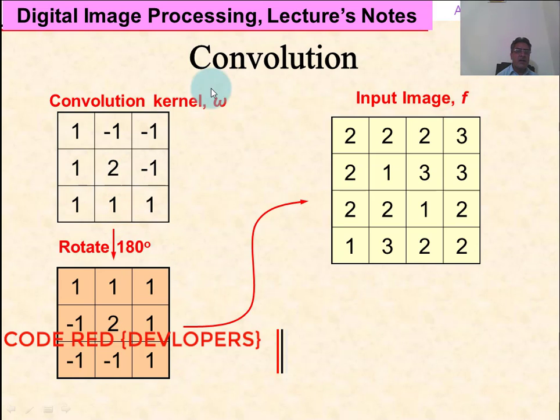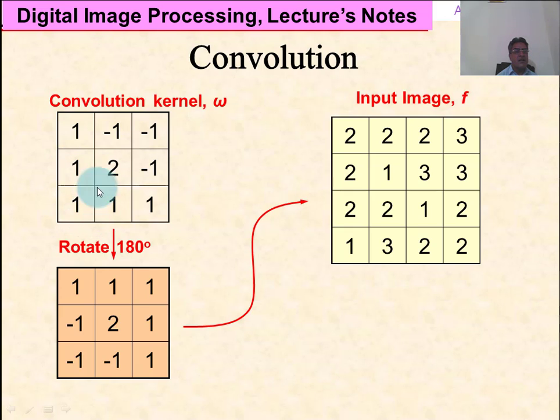But for convolution, we have discussed that we will rotate it. We have rotated it, and this minus value has rotated to this position, and the positive value of the original kernel has rotated to the second position of the mask. After rotating, we will perform the operation on this input image.